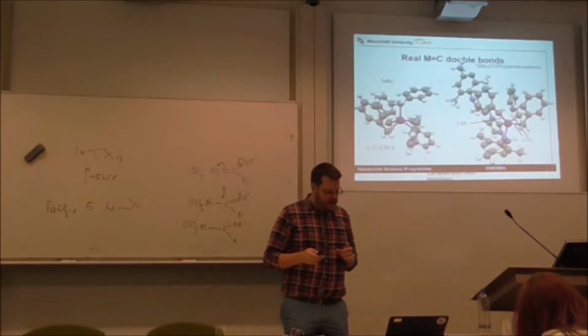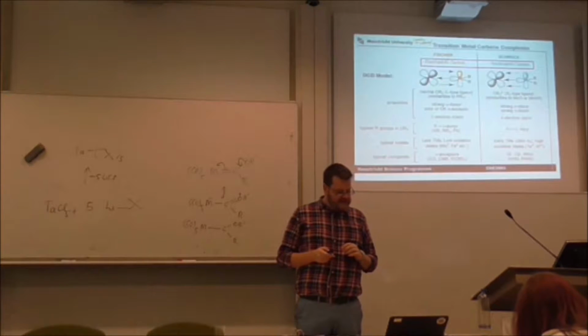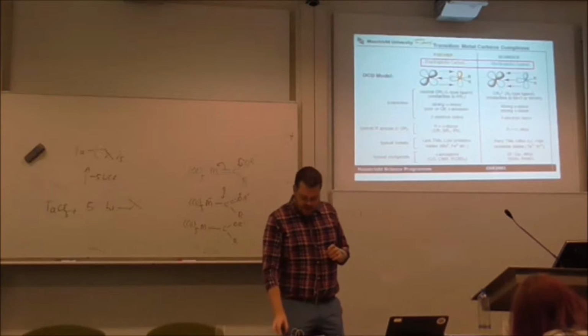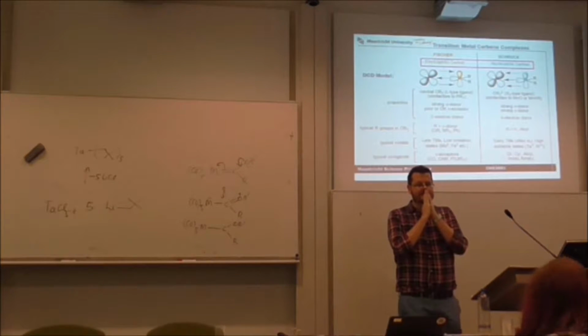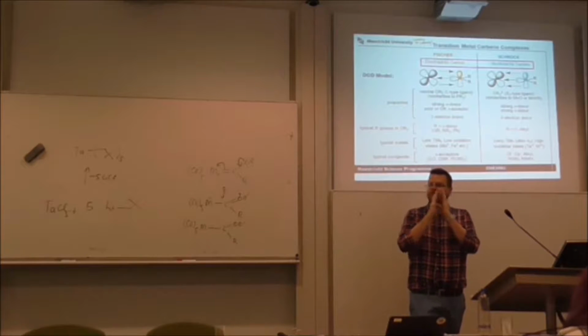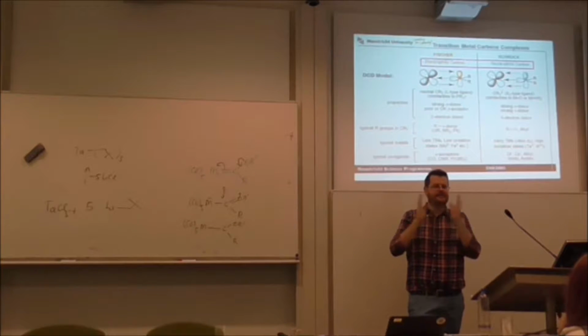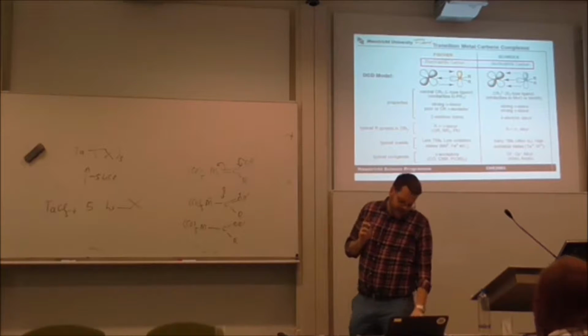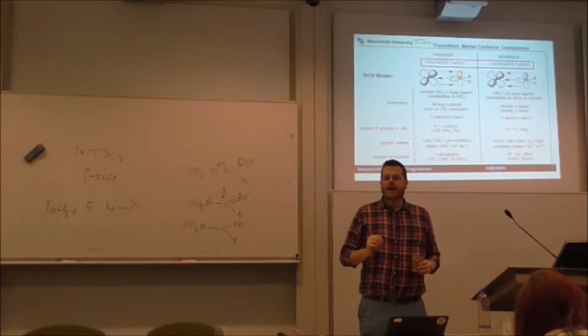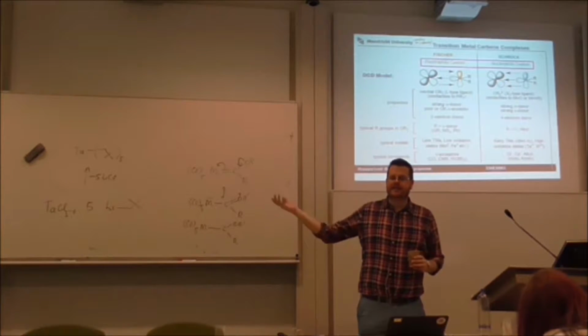Now the way to think about this is that Fischer and Schrock carbenes, now this is an important point, right? We've looked at these 2 classical cases, and this is how far we got in the 2000 course, and I think it was already quite far. But these are just the classical examples.